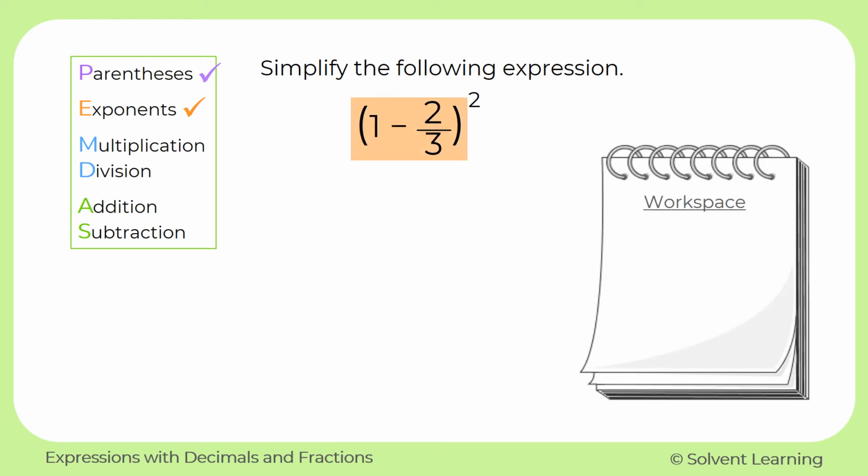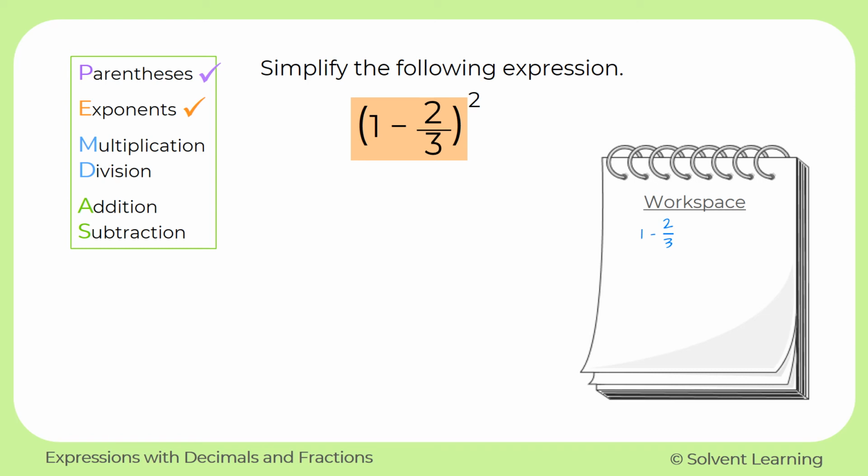Let's get a little workspace so that we can do that. So we have 1 minus 2/3 now. If you go back and recall how to do subtraction and addition when we have whole numbers and fractions all mixed up together, you can review that video. But one of the tricks that we learned is that when we have a whole number, it's helpful to write it over as a fraction using the same denominator as our other fraction.